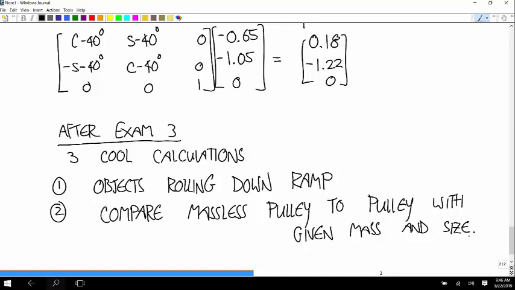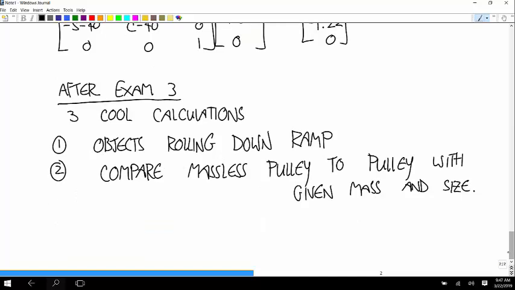I'll do a problem where you have a cable going over the pulley and 2 different masses. It's a pretty easy calculation to figure out without mass on the pulley how they're going to accelerate. Then we'll add mass and choose a size for the pulley and see how that affects the acceleration.